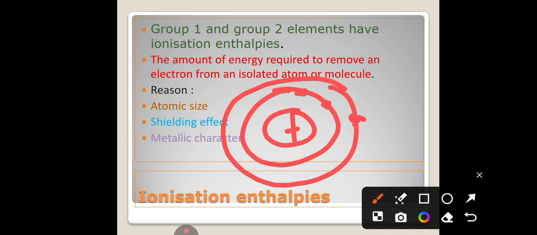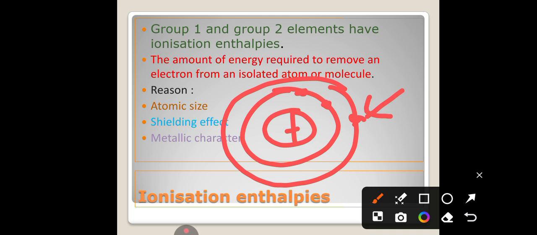If we observe the trend in the periodic table, there are many reasons for it. First of all, let's understand what is meant by ionization energy. It is the energy required to remove an electron from an isolated atom.